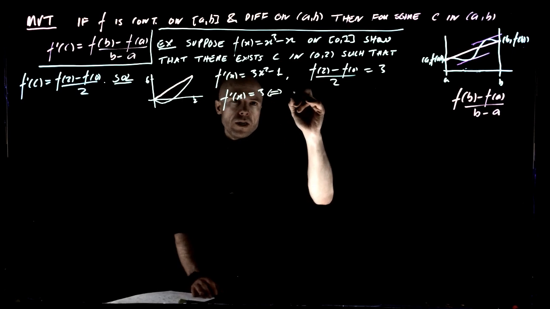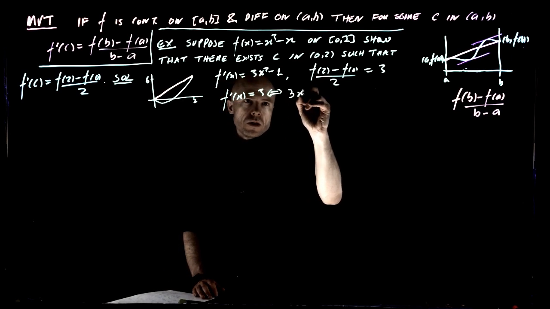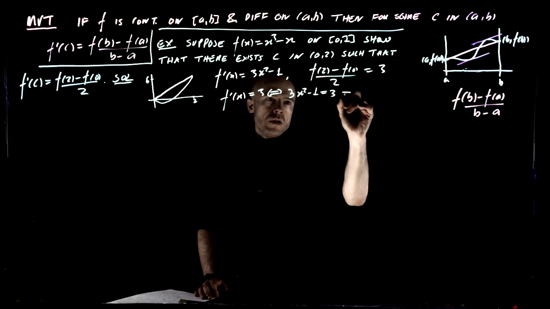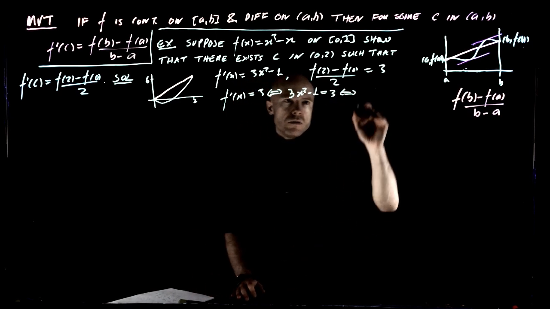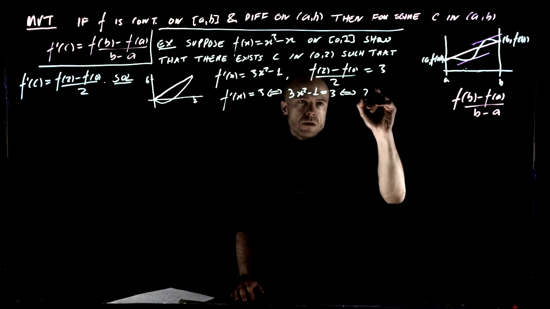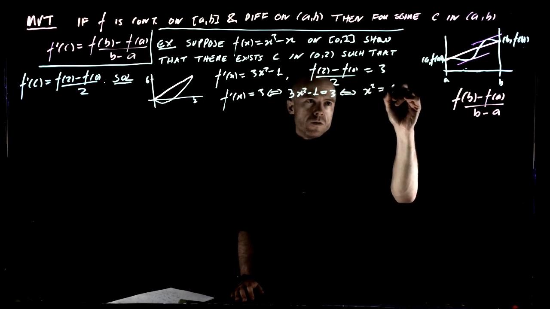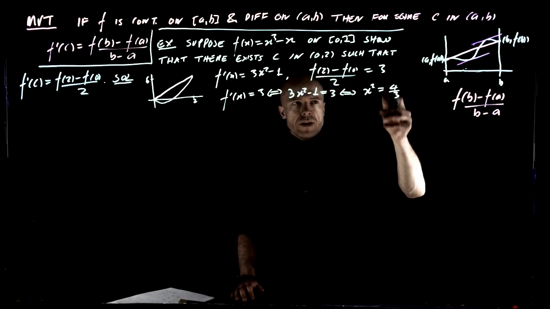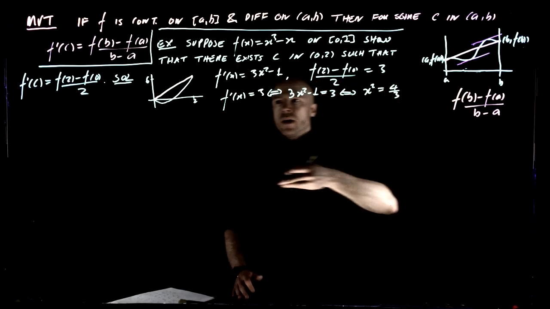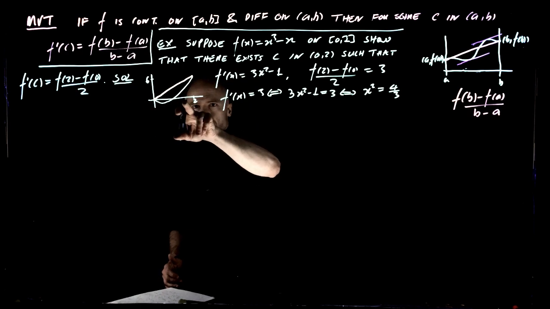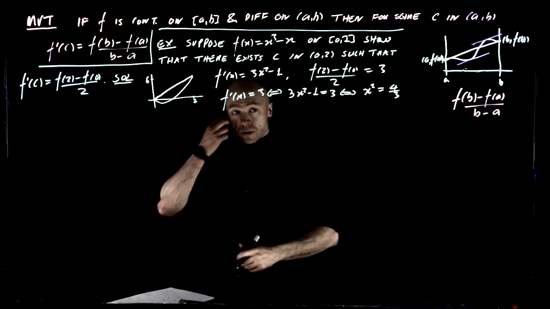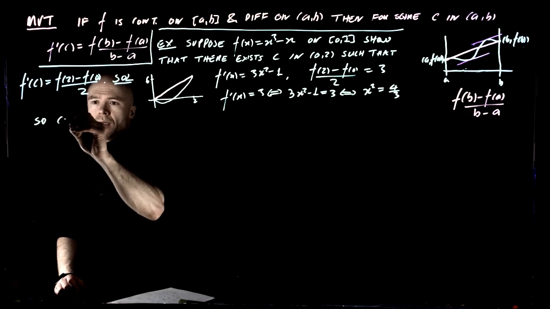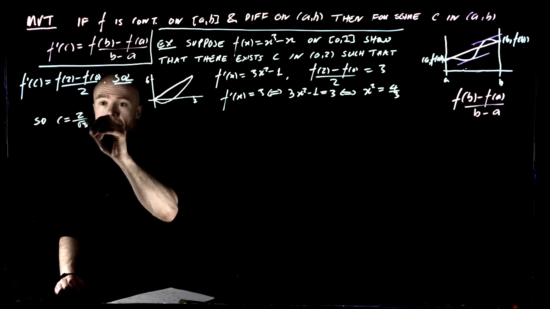That's equivalent to saying that 3x squared minus 1 is equal to 3, which is equivalent to saying that x squared is equal to 4 over 3. Then the solutions are plus or minus 2 over root 3. Minus is not interesting because we're looking for the value between 0 and 2. So C is equal to 2 over root 3. And that's it.